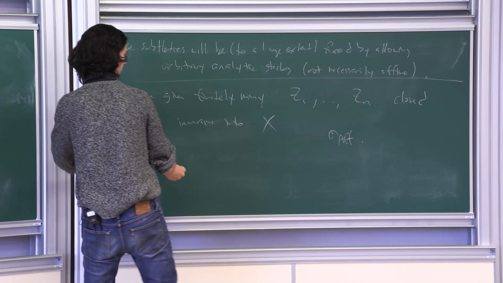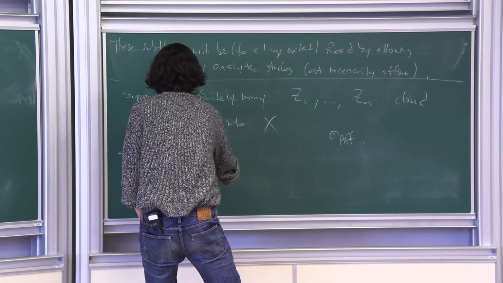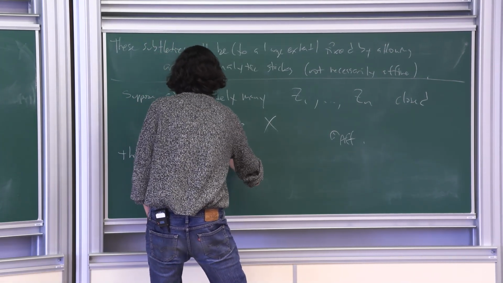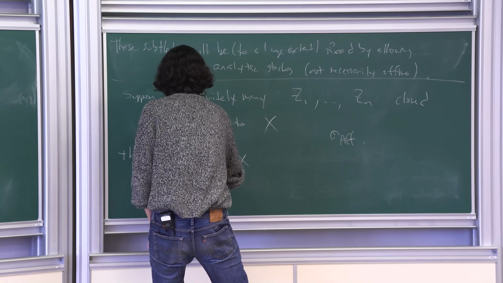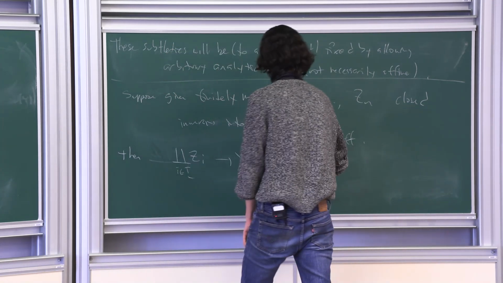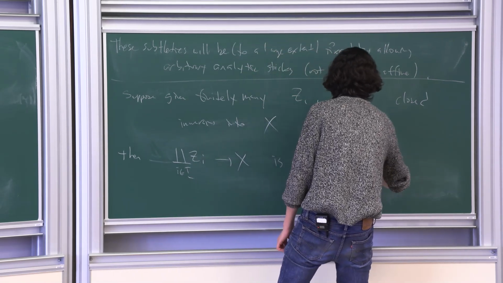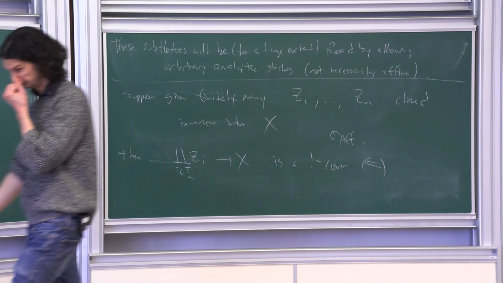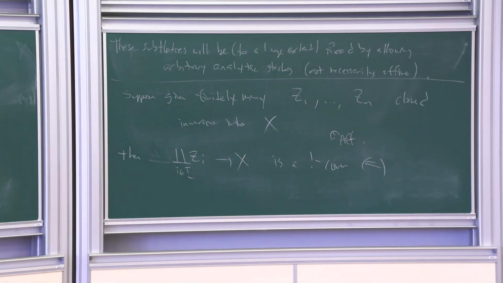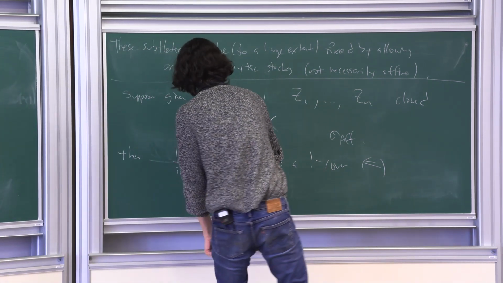So when do we get a cover? The disjoint union of the Zi mapping to X is a cover if and only if you just plainly have the most naive form of descent for the structure sheaf.